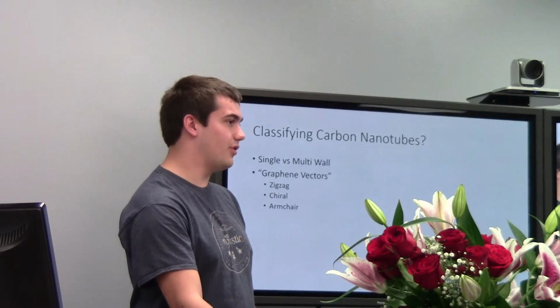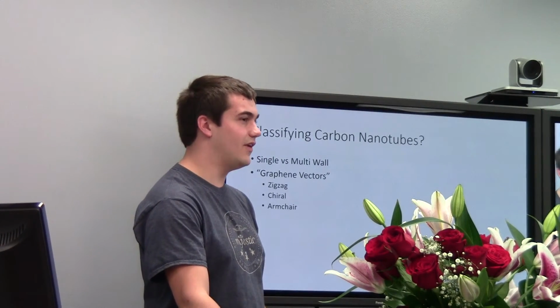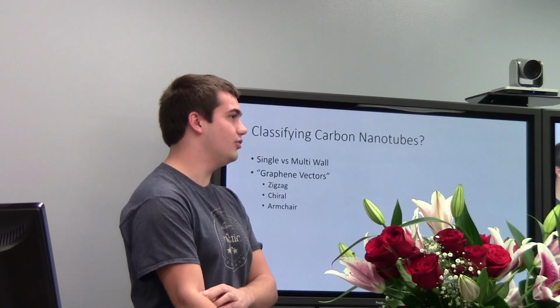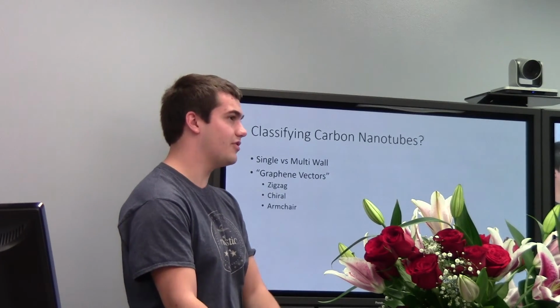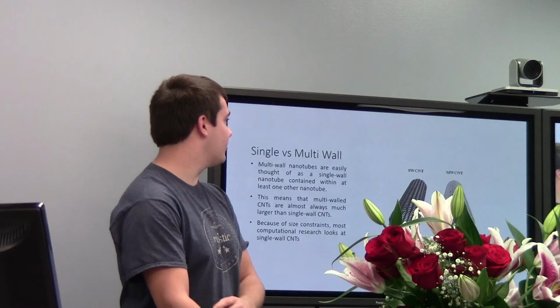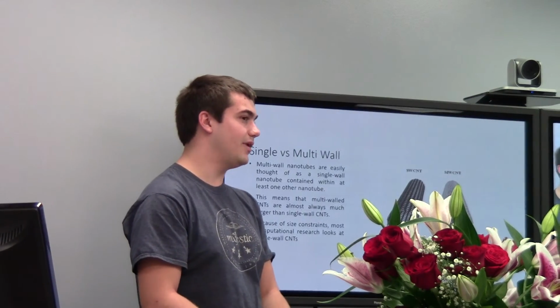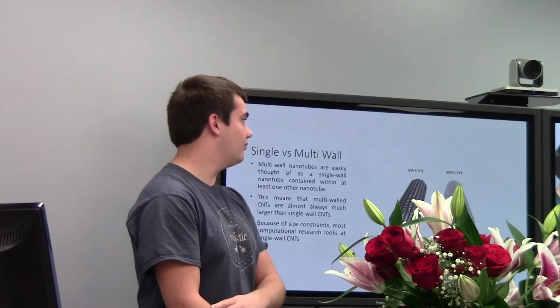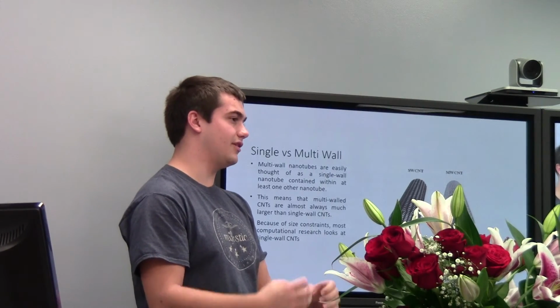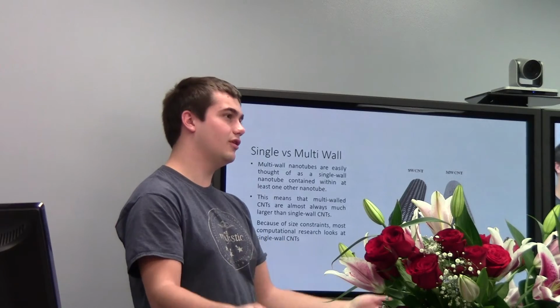And then there's also a specific vector that is applied to the carbon nanotubes, which describes their shape. Single wall is probably your basic one atom thick, and multi-wall is pretty much like a single wall inside of another single wall, and so on.